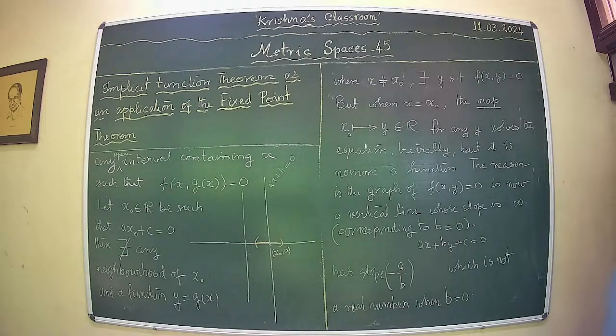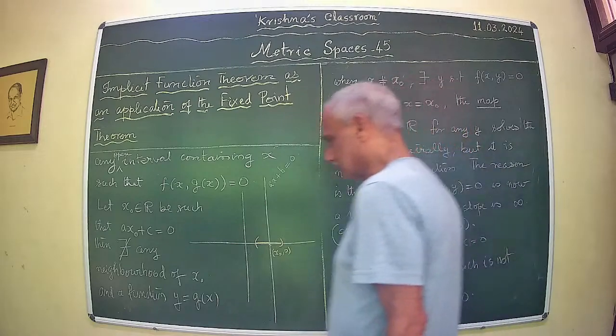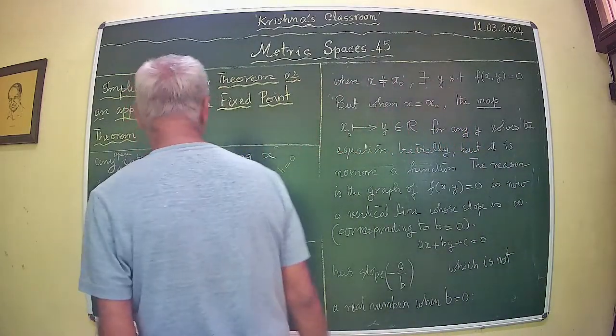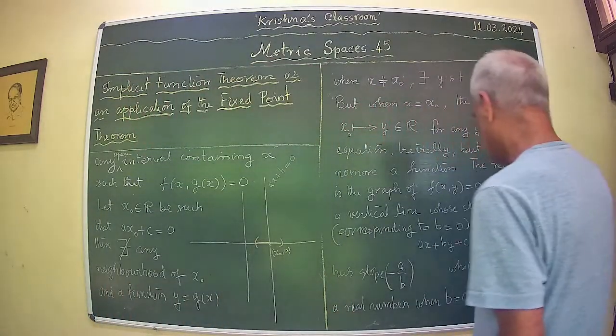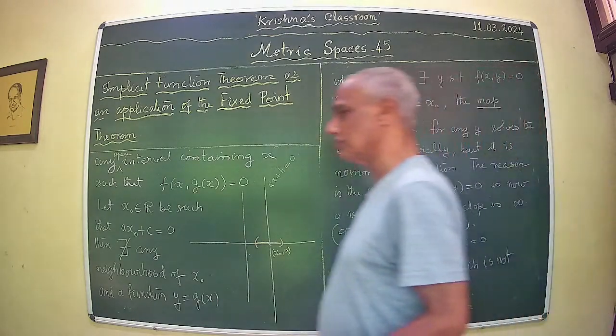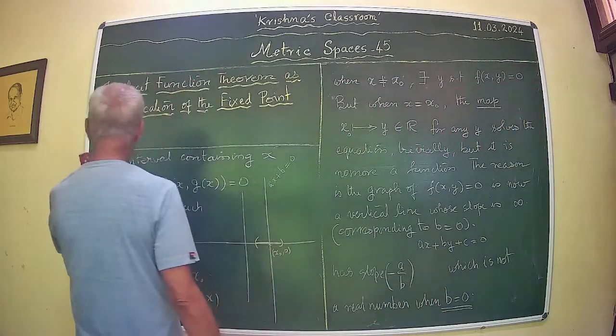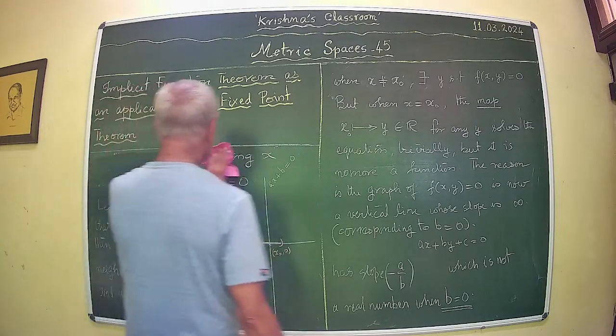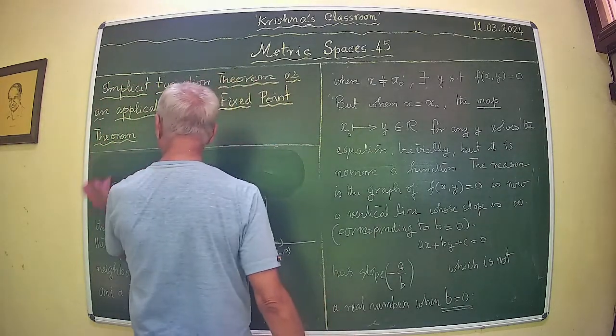See, when both a and b are equal to 0, then it simply means you are looking at c equal to 0 also. So that's a sort of pathological case. So b equal to 0 is something which is going to give you trouble.